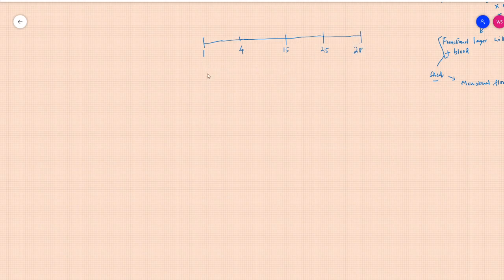This is the length of the reproductive cycle, both ovarian and uterine cycle, an average of 28 days. So the first 4 days is the beginning of bleeding.